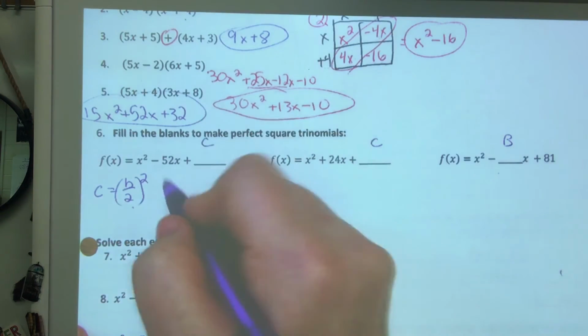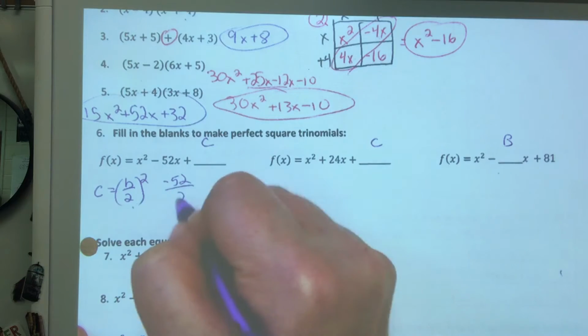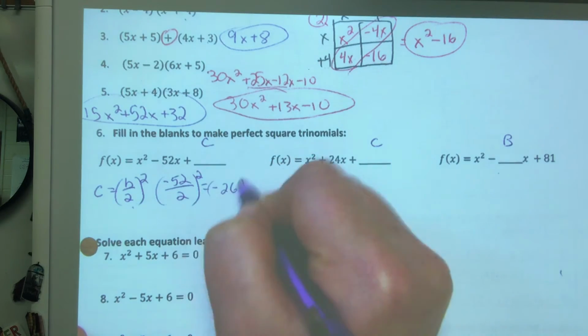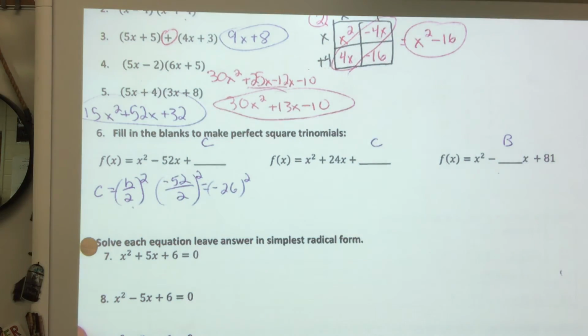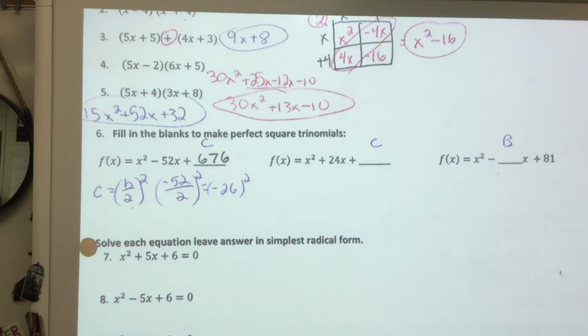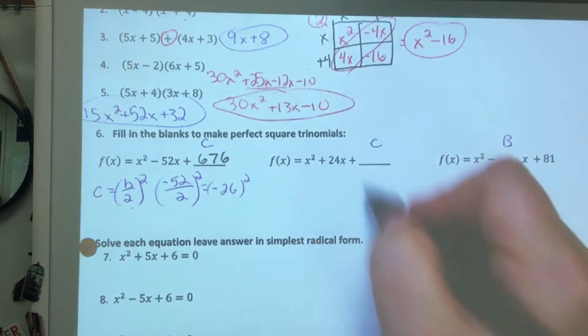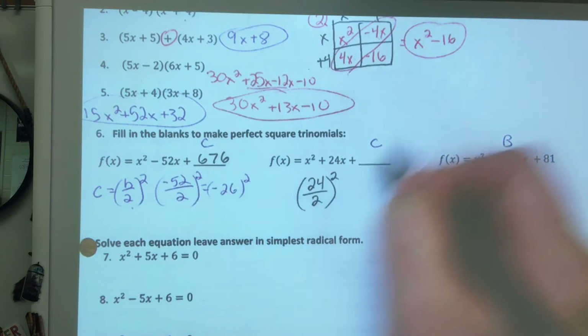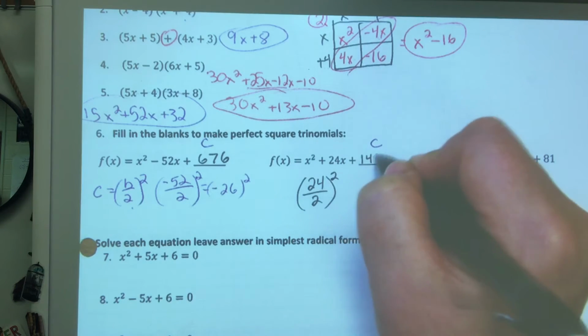This gives me -52 divided by 2 squared, which equals -26 squared. That ends up equaling 676. The second one, if I do the same thing, 24 divided by 2 squared, I would get 144.